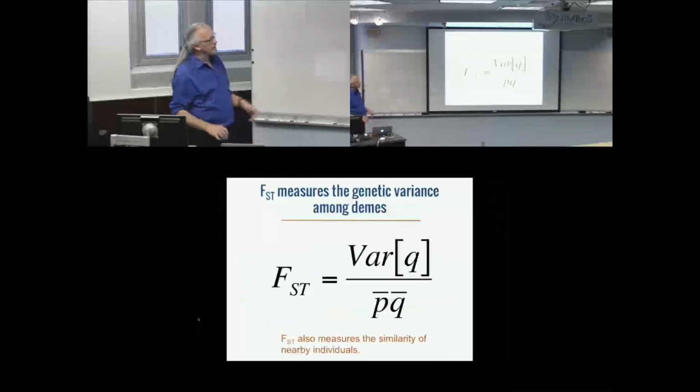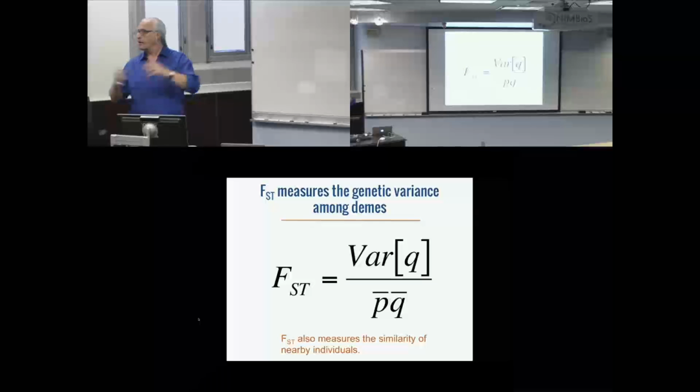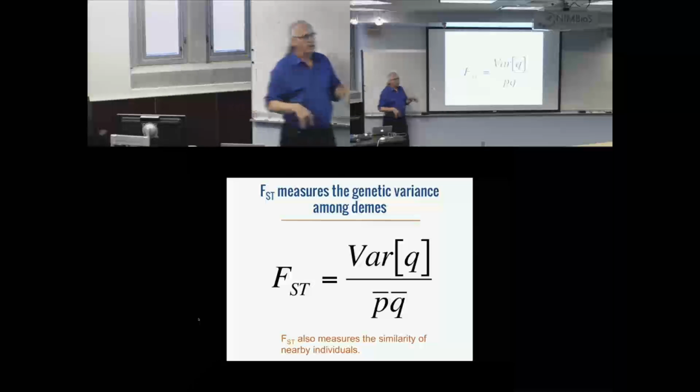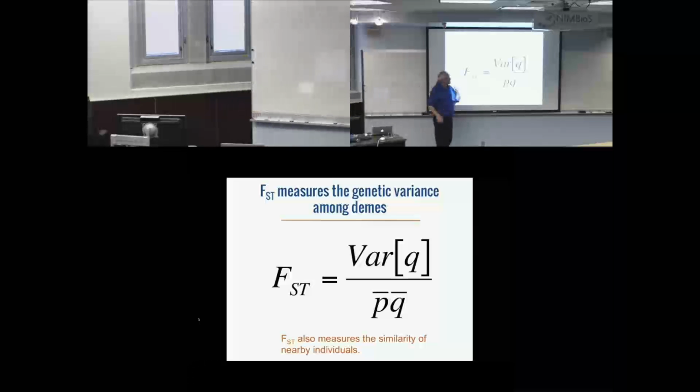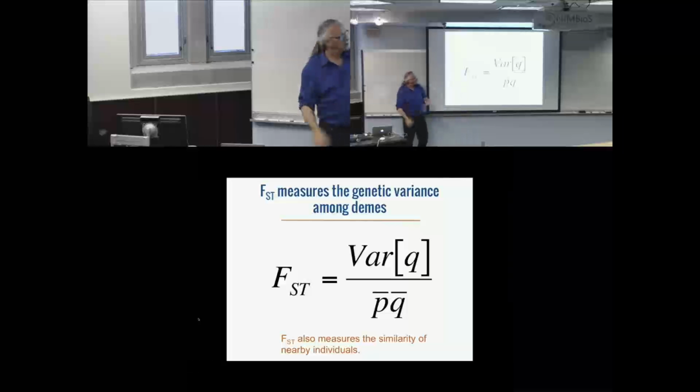Okay, so FST is a very commonly used measure of genetic differentiation among local populations. There's a million different interpretations of FST. One of them that's particularly useful for what we'll talk about today was originally defined by Sewall Wright back in the 40s. This Q here is the allele frequency of a local population.